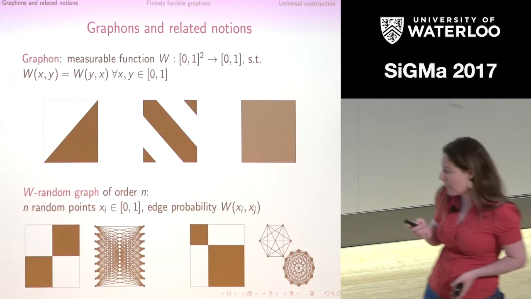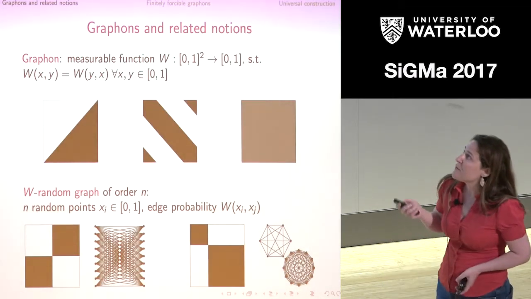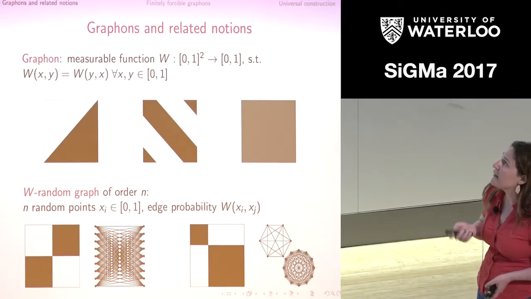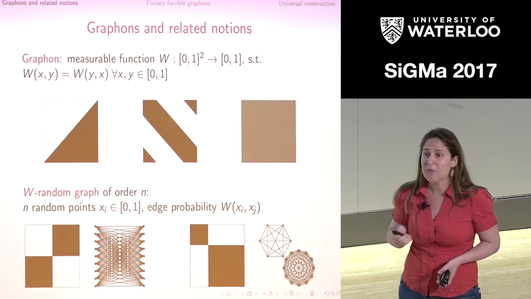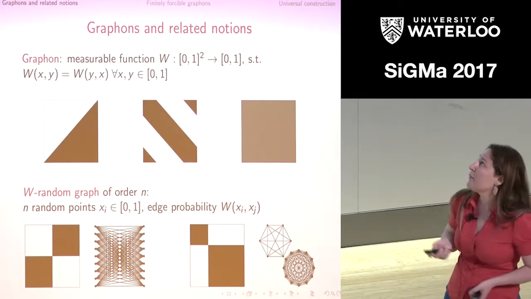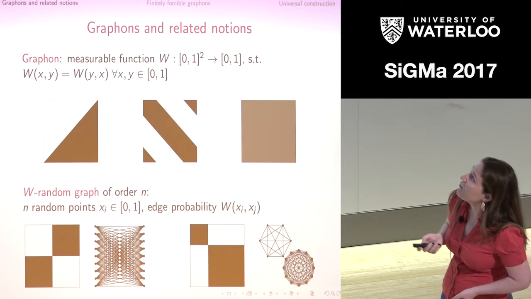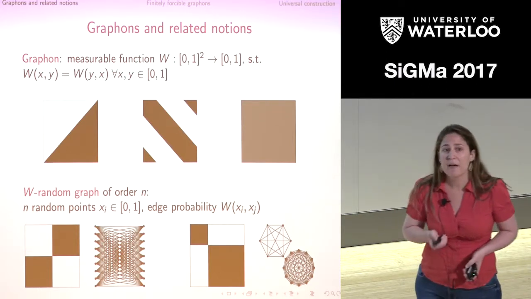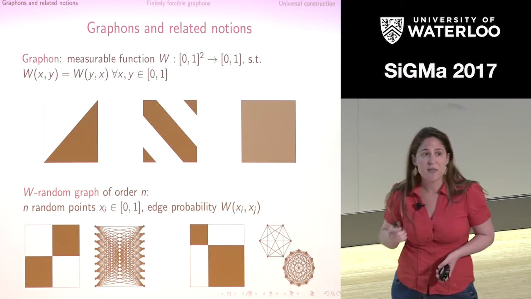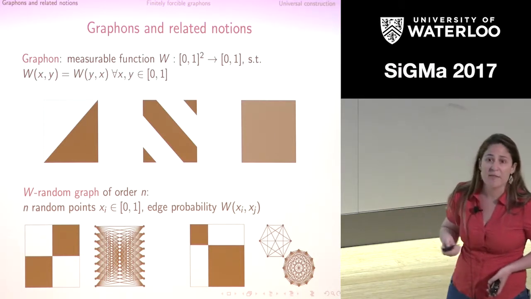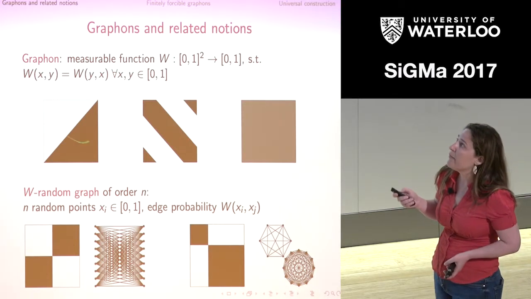Okay, so graphons, as we also saw this morning already, are symmetric measurable functions from the unit square to the unit interval. And basically, a standard way of representing these functions, to help visualize them instead of describing them every time, is by such pictures.